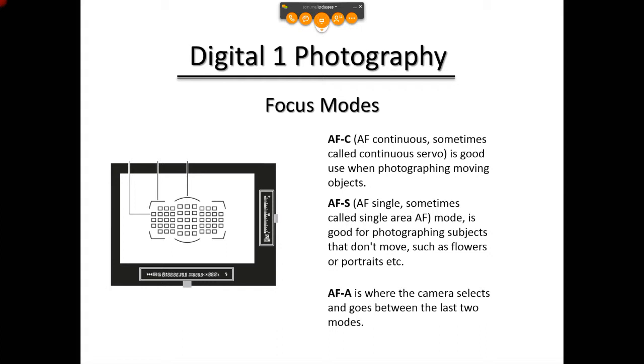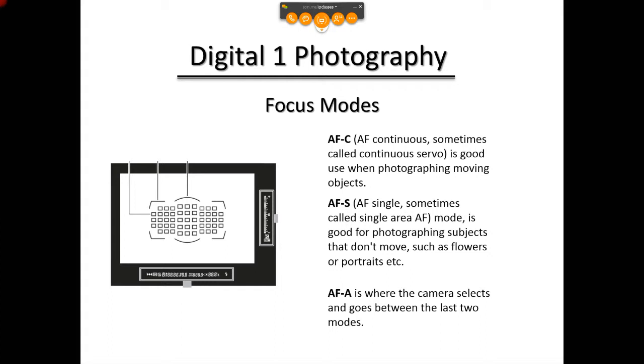If you don't, which you don't have to, what you can do is keep that focus point in the center. You'll compose your shot to where that focus point is over that person's eye. You'll half press your shutter, and then you'll recompose your photo.